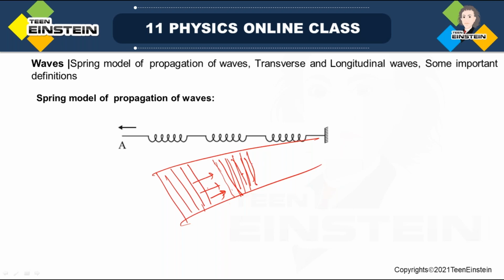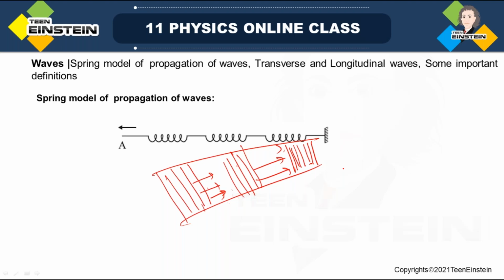Further, the molecules from this compressed region will prefer to go to the next rarefied region. So this region will get compressed again, whereas they will leave a region which will again be rarefied. So you can see both the rarefaction and the compression are moving, making progress throughout the medium of the air.